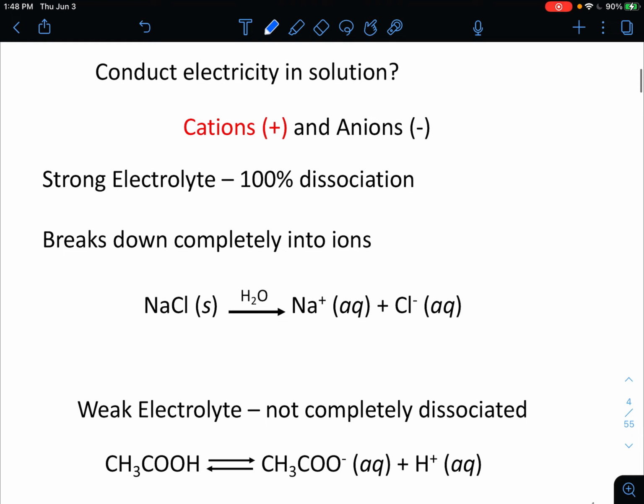So an electrolyte is something that conducts electricity in solution, allows electricity to be conducted through a solution. How does it work? Well, the simplest explanation is that our electrolyte is made up of charged particles. So when I add, for example, sodium chloride into water, it breaks up into sodium cation and chloride anion.